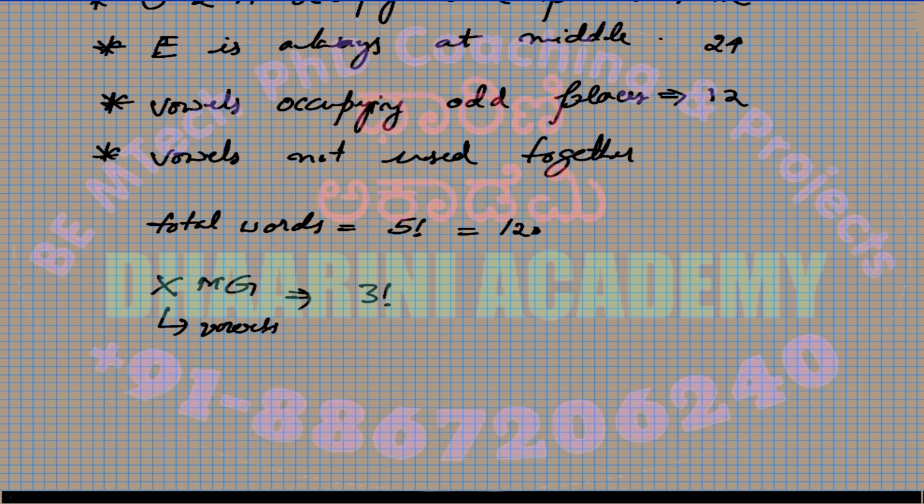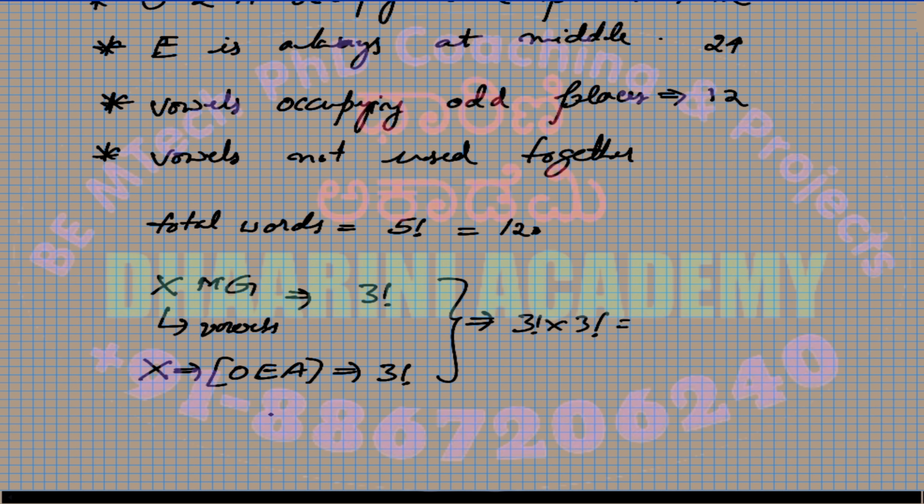With vowels together, the total number of words equals 3 factorial, and X itself is nothing but the letters O, E, and A, which you can arrange internally in another 3 factorial. So totally, the number of words with vowels together is 3 factorial into 3 factorial, correct? So this is actually 36.